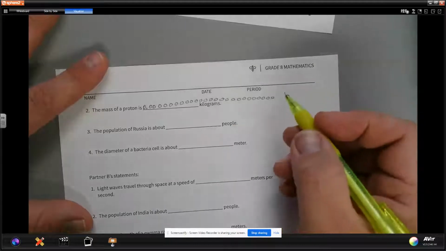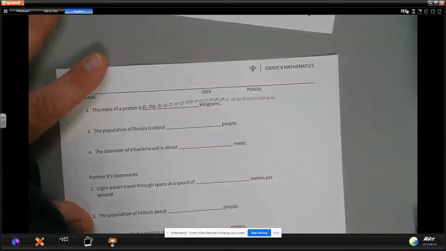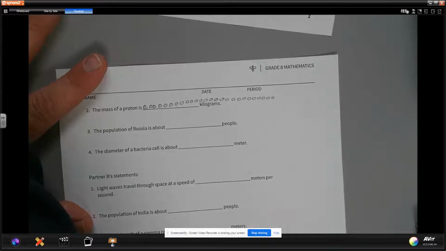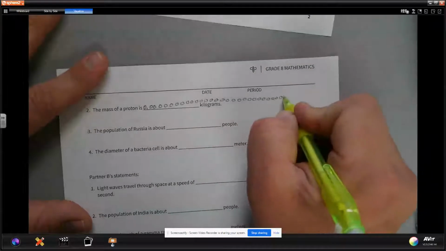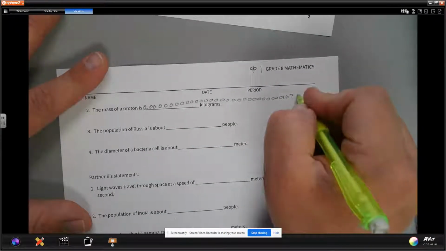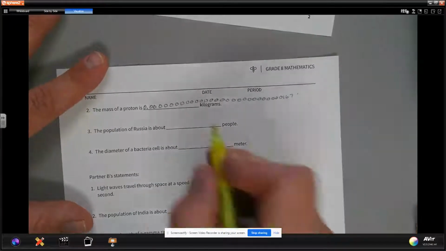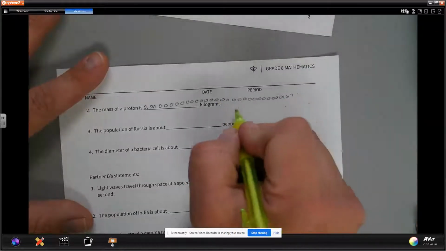I hope I have this right. I don't know for sure if I do. I'm copying this down off something because I couldn't remember what it was. Kilograms. Can you imagine writing that number over and over and over again? There's got to be a better way for that.